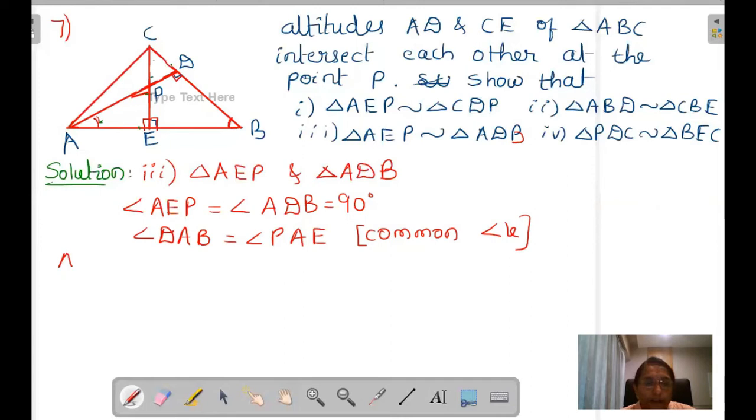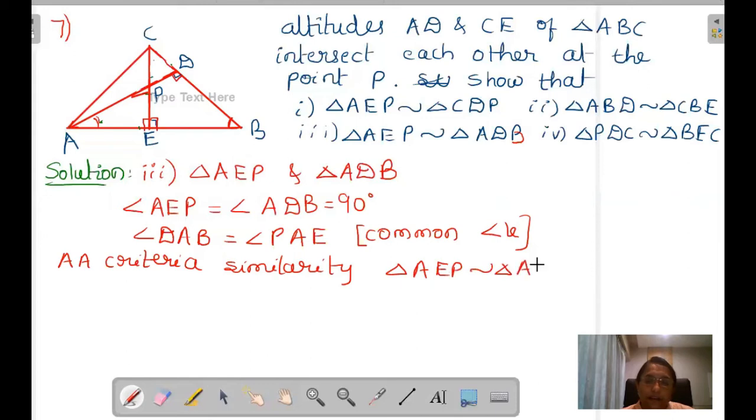So by AA criteria of similarity of triangles, we can write triangle AEP is similar to triangle ADB.